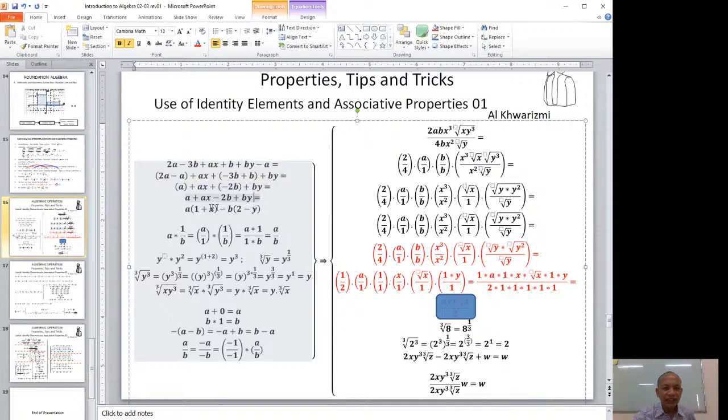Then another step, factor out. Factor out a: a times bracket 1 plus b close, then minus b.